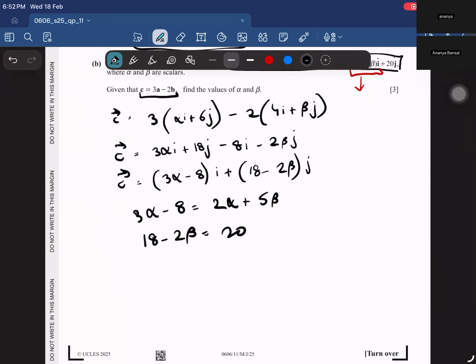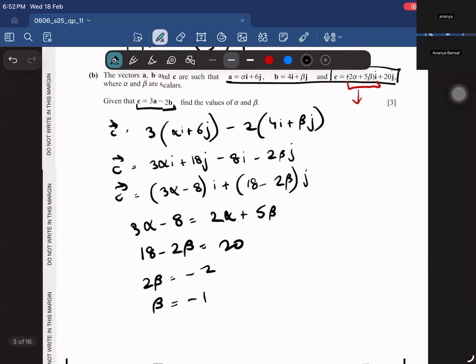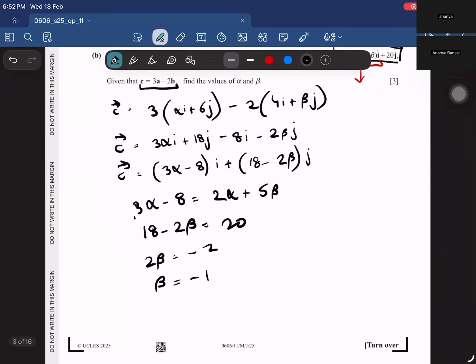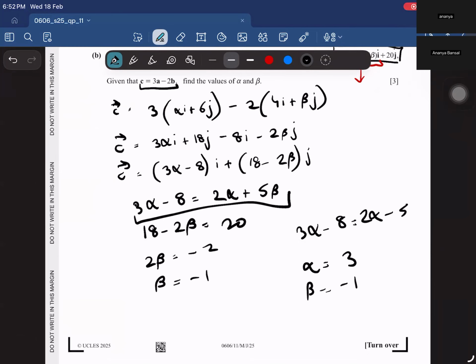So we know that 2 beta equals -2, so beta equals -1. Substituting the value of beta into this equation, I get 3 alpha minus 8 equals 2 alpha minus 5. Alpha equals 3. So alpha is 3 and beta is -1.